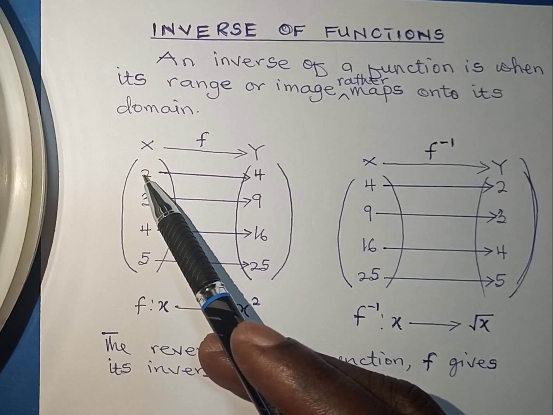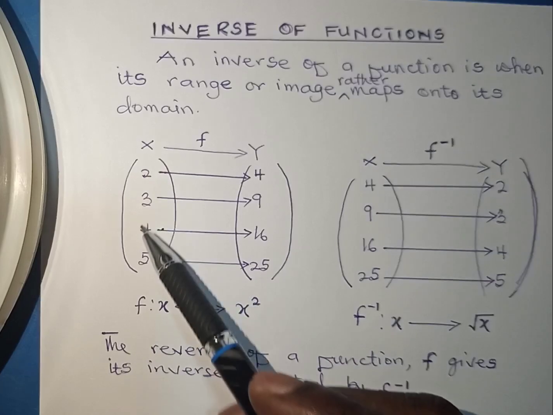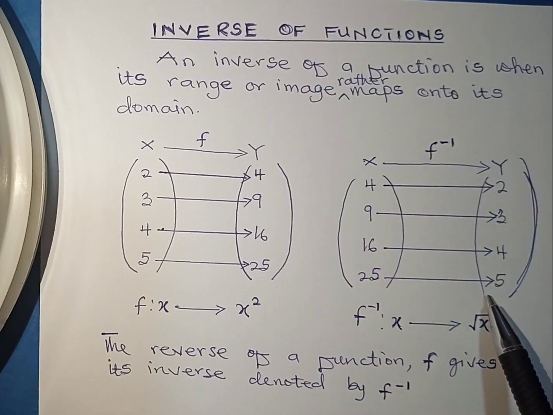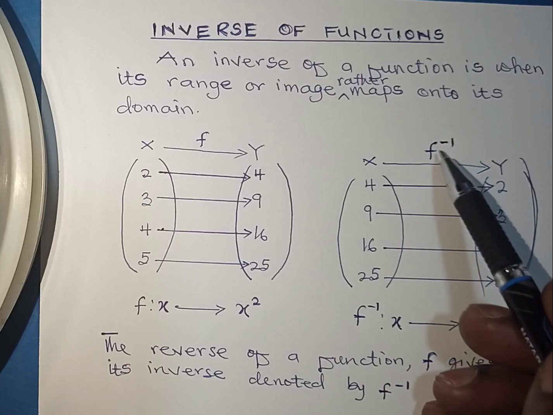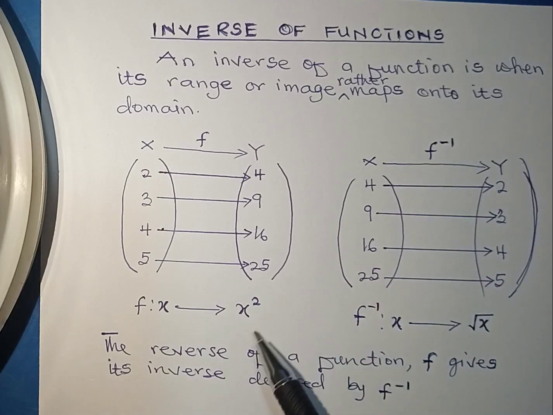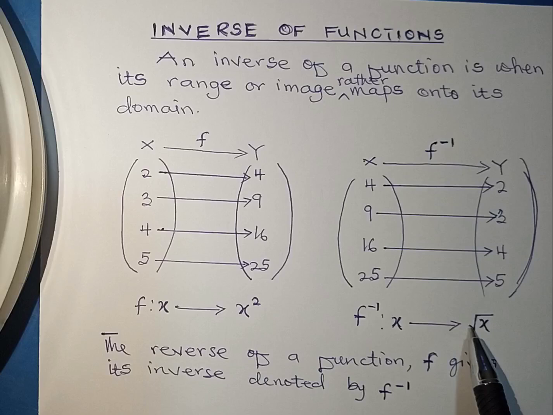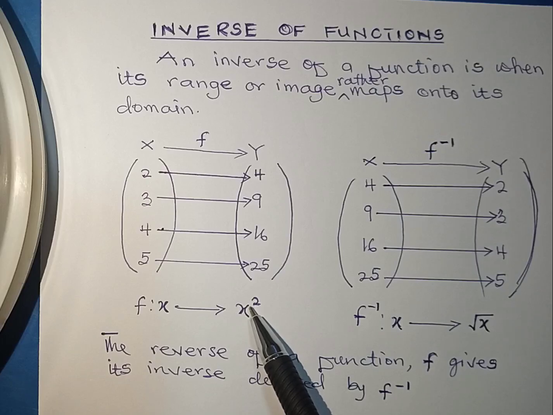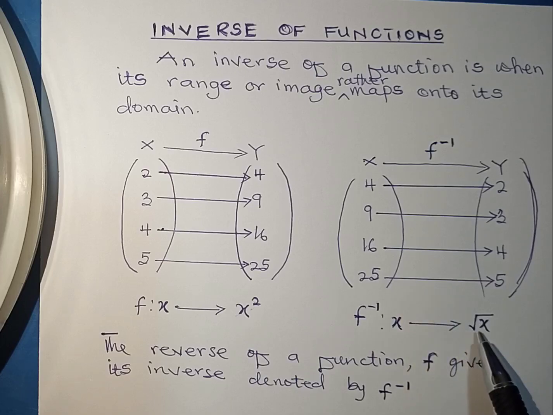We mapped the domain onto its range, but this time we are mapping the range onto the domain, and that gives you the inverse. So the reverse of the rule also gives the square root. It means that in the function the rule was given as the square, but when you reverse it, it becomes the square root. That is what we are talking about.